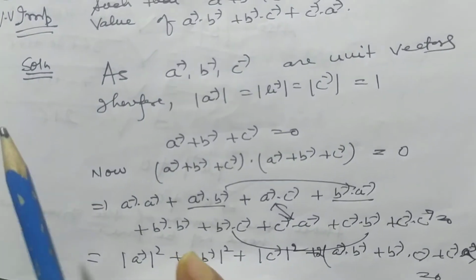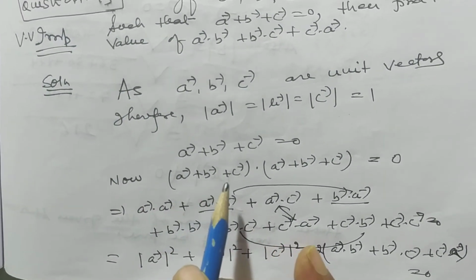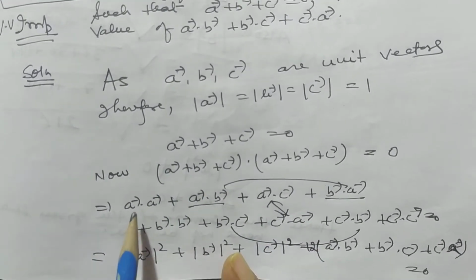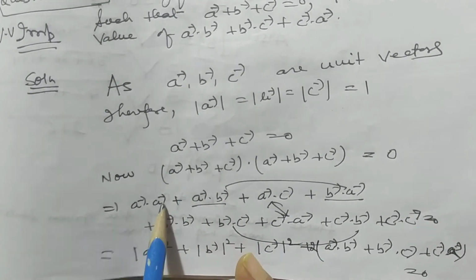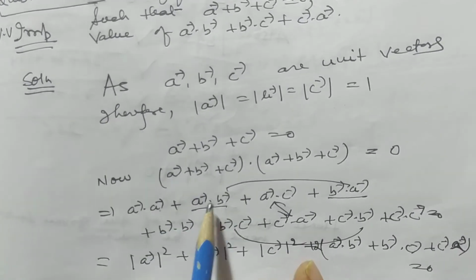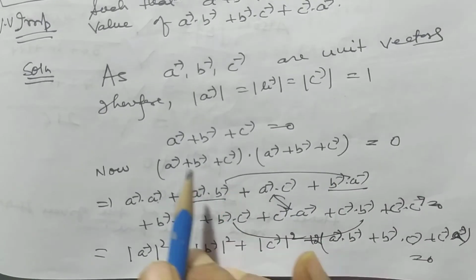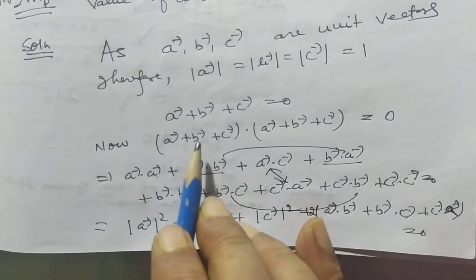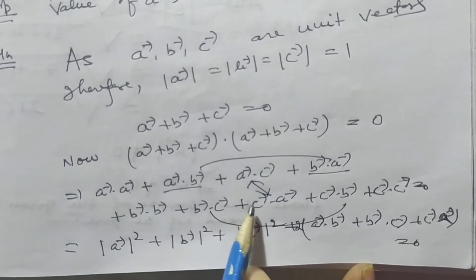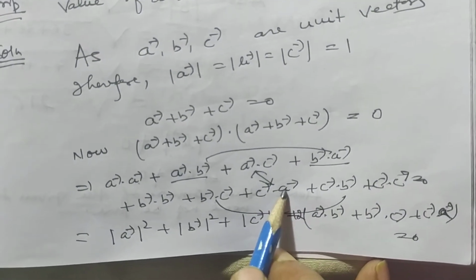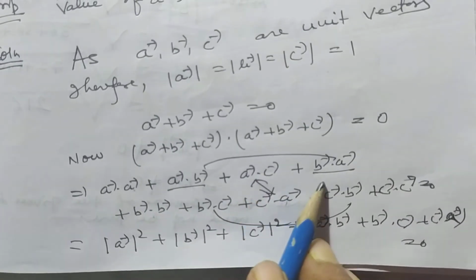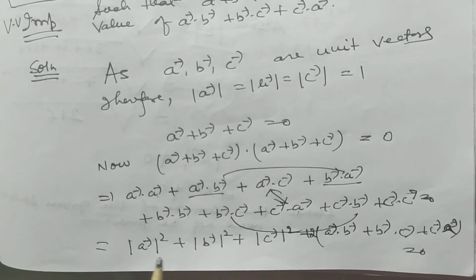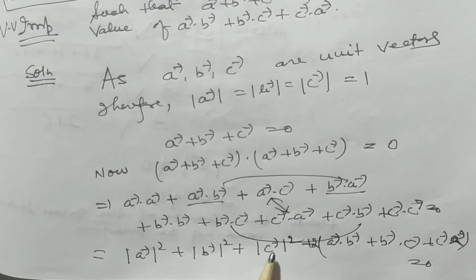If we take the dot product of vector A plus vector B plus vector C with itself, then we have vector A dot vector A, vector A dot vector B, vector A dot vector C, vector B dot vector A, vector B dot vector B, vector B dot vector C, vector C dot vector A, vector C dot vector B, and vector C dot vector C.